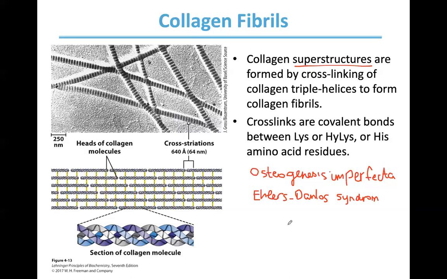Both result from genetic mutation, glycine substitution by other amino acids, for example, cysteine or serine.